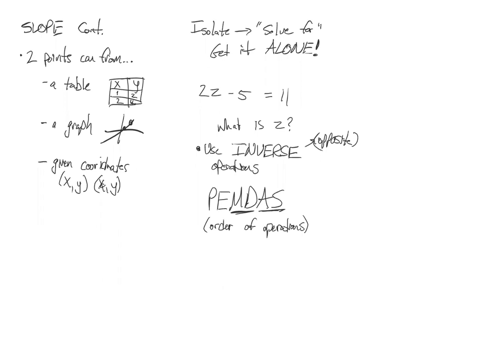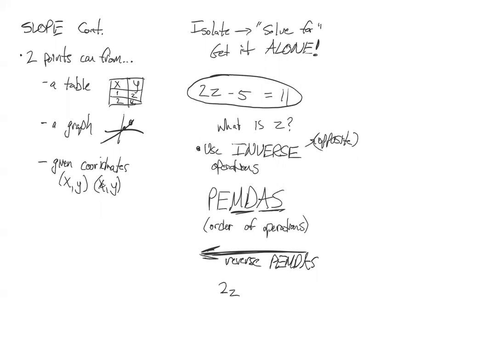But the key here is that when we are actually solving these, we are reversing PEMDAS, meaning whatever we would normally do last, we do first. So we start with addition and subtraction. That's why if we went to solve this one up here, we would add 5 to both sides first, because what we do to one side of the equation, we must do to the other.